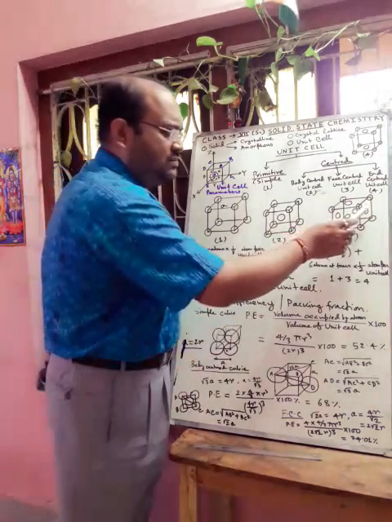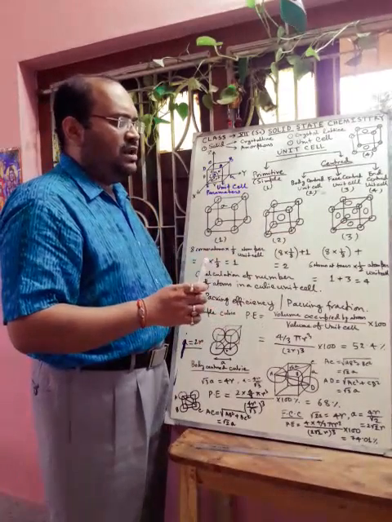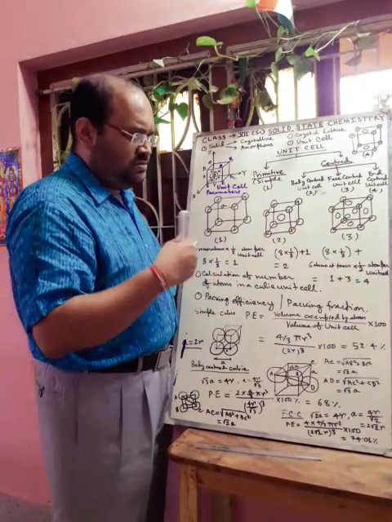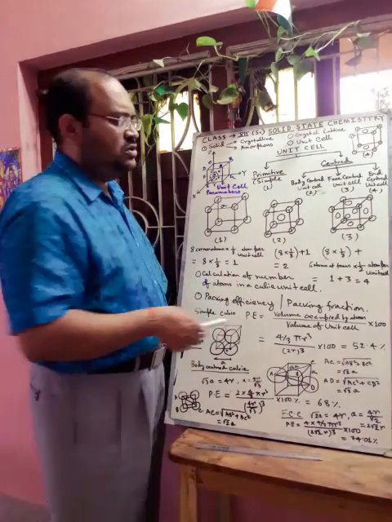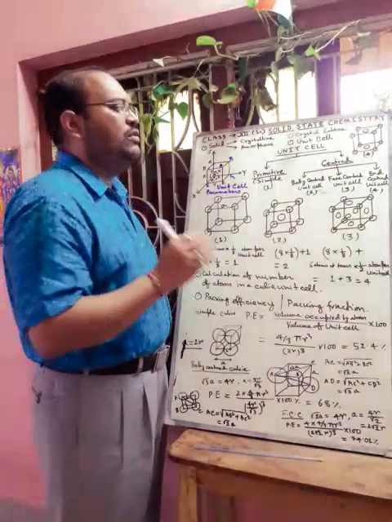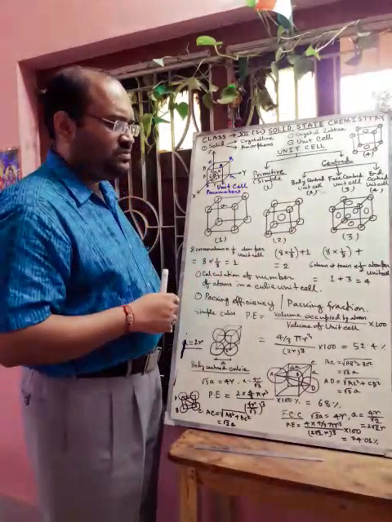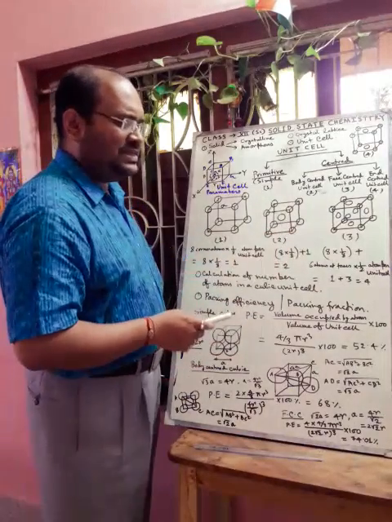Now the atoms present in the center of the face will also contribute to another unit cell. So these atoms are shared by 2 unit cells. So each unit cell will get half portion.